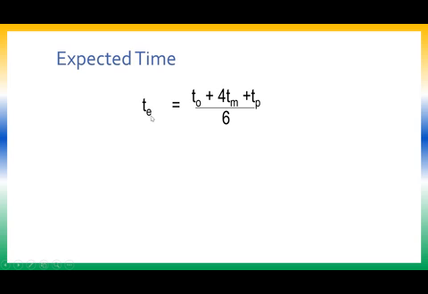Okay, so we calculate TE, expected time, which is given by the formula TE = (TO + 4TM + TP) / 6. The logic that we are using here is, of 6 times the activity is done, maybe one time everything goes fine and one time everything goes wrong, but the remaining 4 times just the normal delay happens.